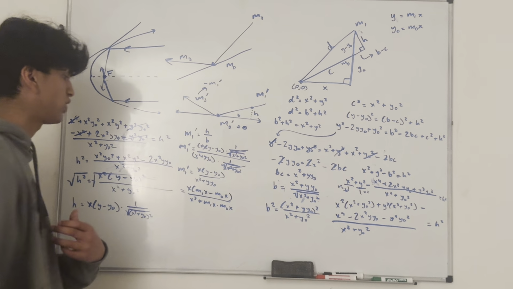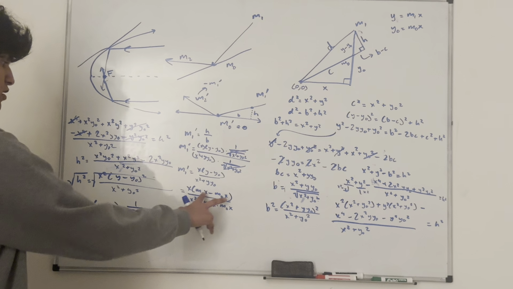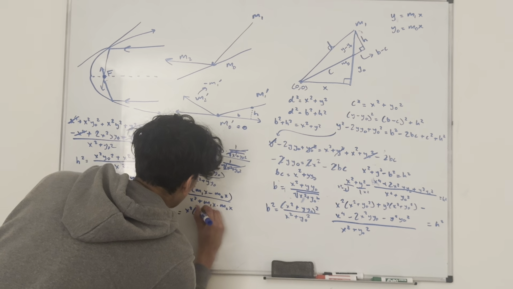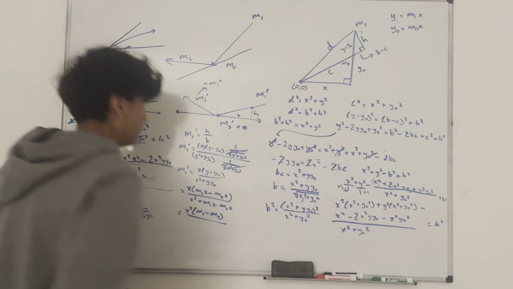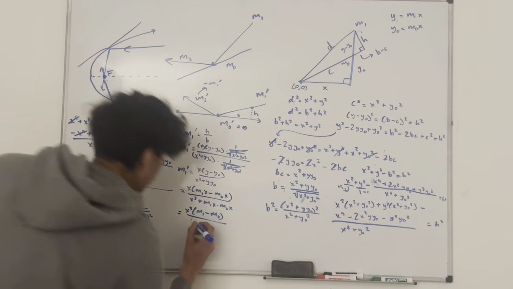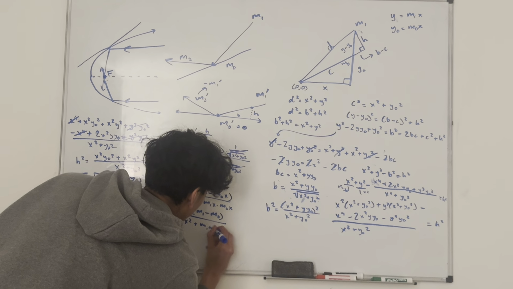Because I'm doing y times y initial. I can factor out an x here. I can say x squared times m1 minus m initial over x squared plus m1 m initial x squared.